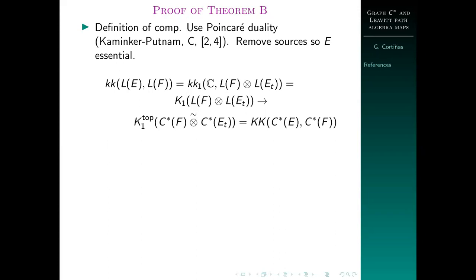So one has to show that this map, first of all, extends the completion map, and second of all, that it maps composition to composition. If it extends completion, then it will map identity to the identity.